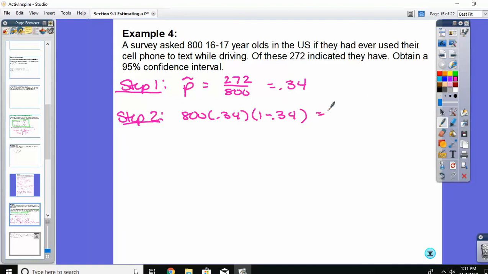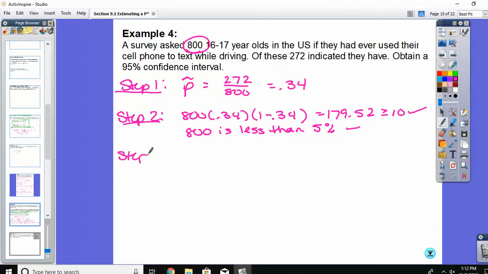And then I get 179.52, which is most definitely greater than 10. If I'm talking about, would 800 be less than 5% of all 16, 17-year-olds? Yeah. Okay, so that requirement is met.